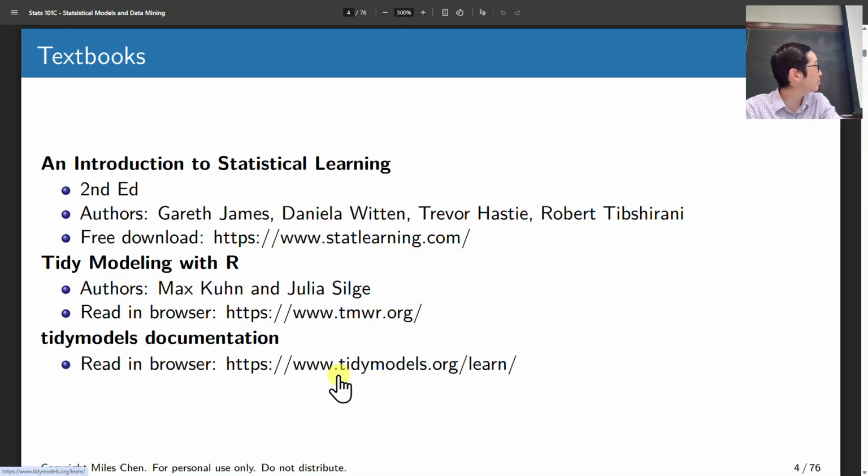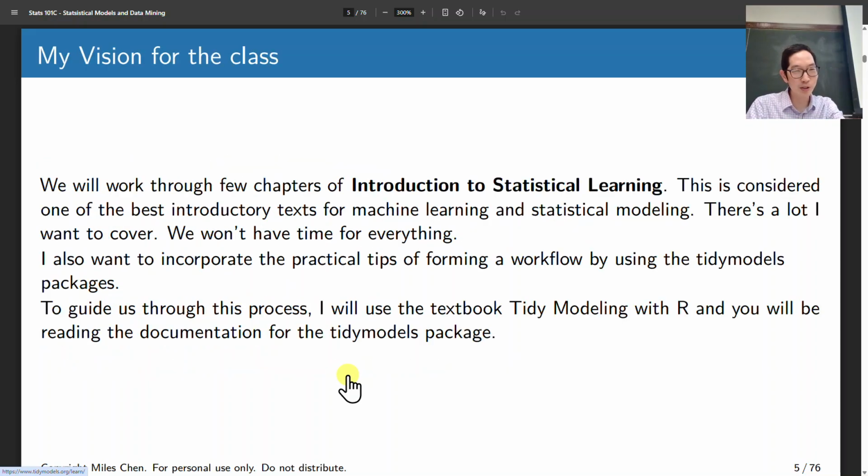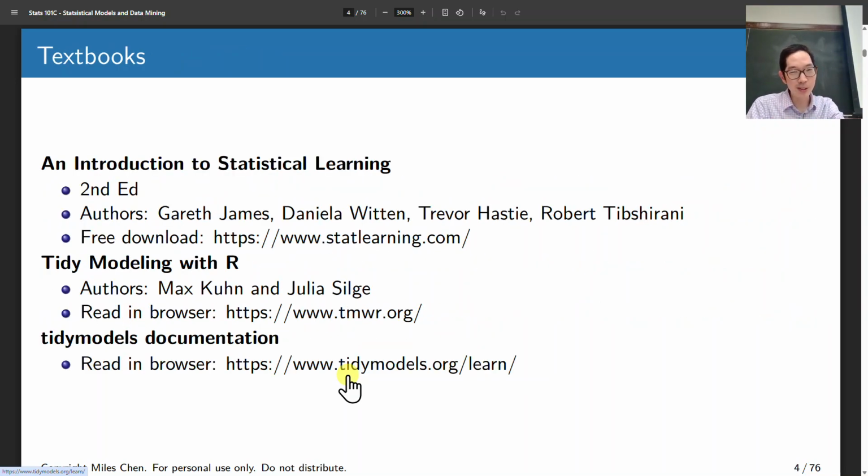Our textbooks. We're going to be using tidymodels, and the documentation's all available in the browser. This is also going to be an important skill: the ability to read documentation.